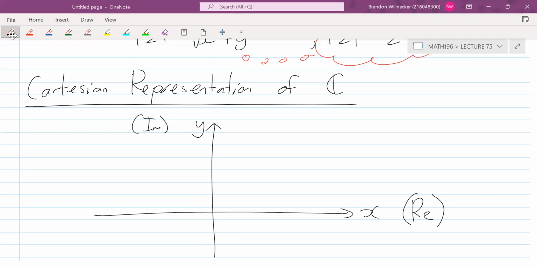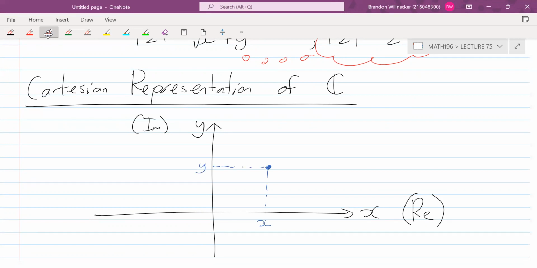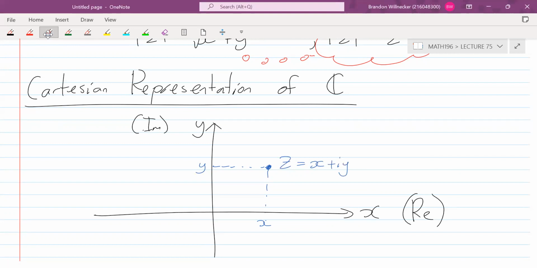Then any point in this 2D space, let's say this one here, is in fact a complex number, because we can look at this x part, this y part, and use that to construct z. So z is equal to x plus iy. This isn't the Cartesian plane with coordinates. This is a two-dimensional plane of complex numbers.